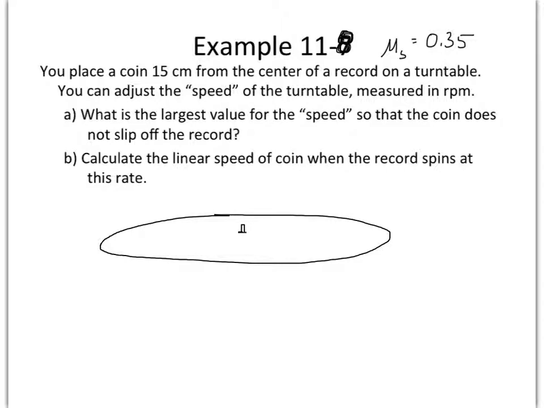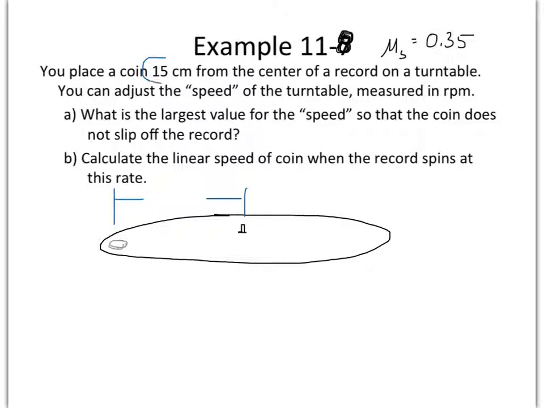And our coin is, I'm going to draw that in gray. That's going to be right there. Okay, so the record is sort of spinning around horizontally. And that distance is 15 centimeters from the center of the turntable.